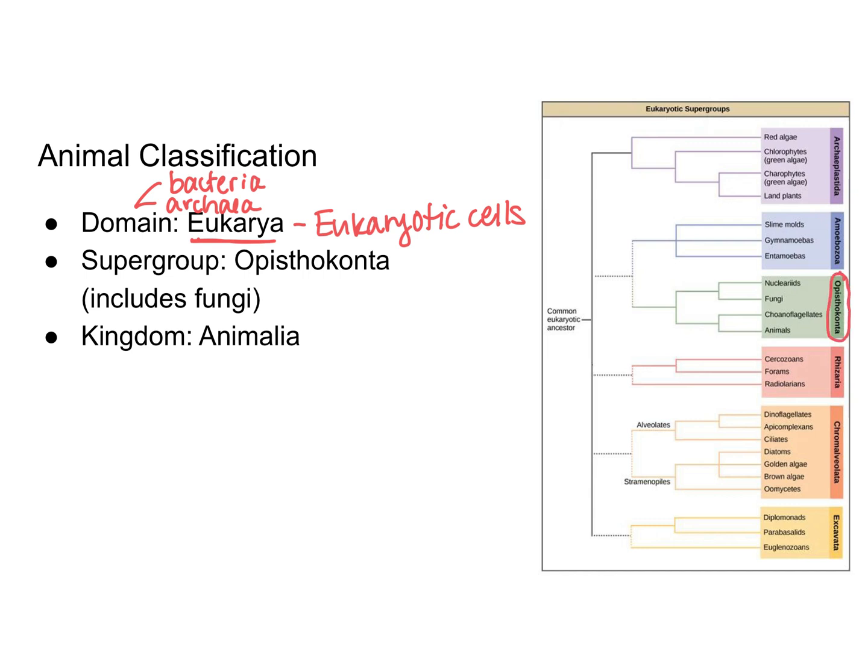So Opisthokonta, and we see animals, which also includes fungi, which we've talked about in the past. And then the kingdom, and so once again, we are moving from domain, which was the broader classification, towards more specific. The kingdom is kingdom Animalia, so that should be pretty easy to remember since we're talking about animals.